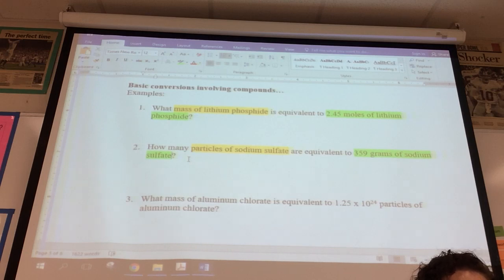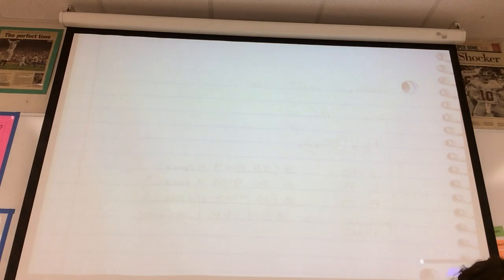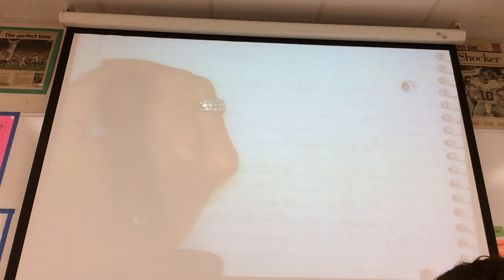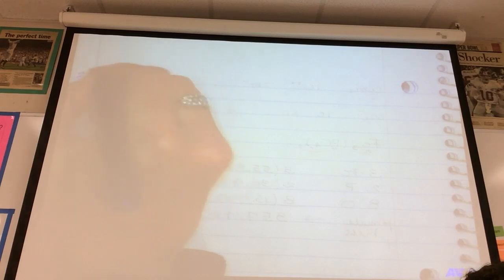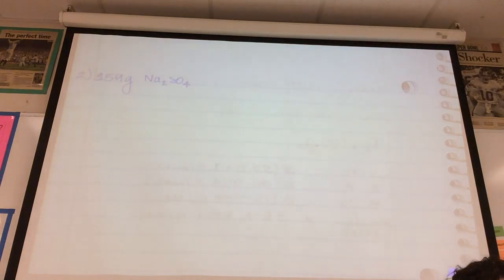What's our given? 359 grams of sodium sulfate. So we have 359 grams of sodium sulfate. And again, formula writing, critical.